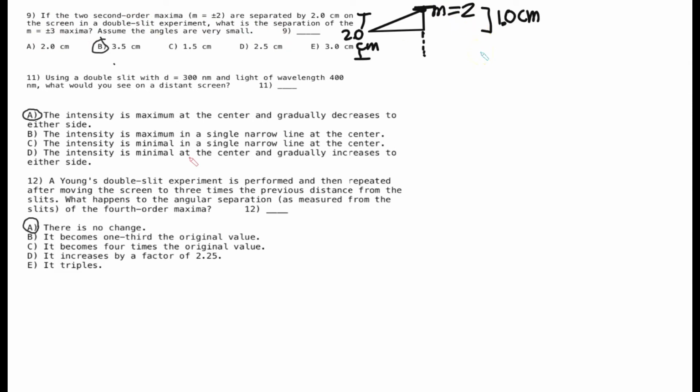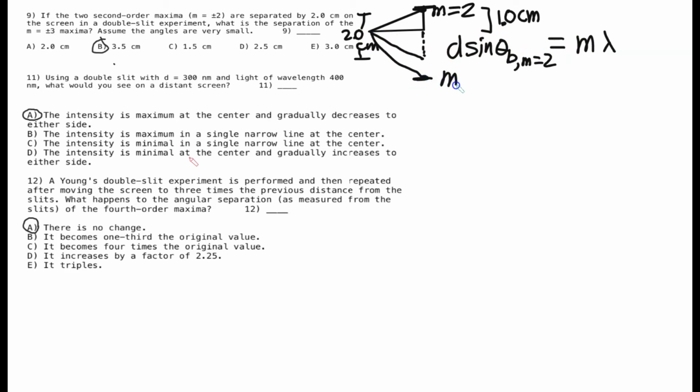So let's go back to the equation: sine theta bright, and let's label this as the theta bright of m equals 2, equals m lambda over d. Now d and lambda don't change if you move out here to the third maxima.